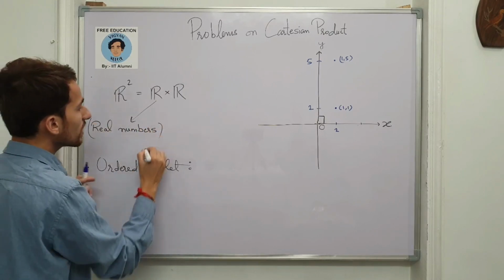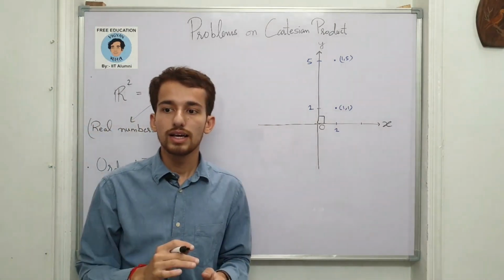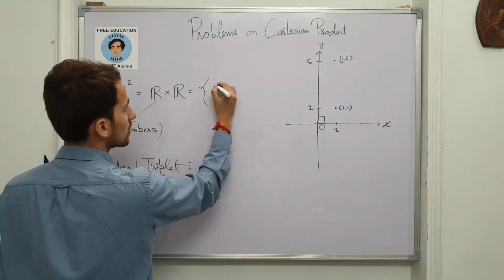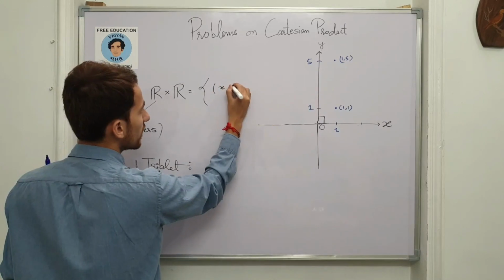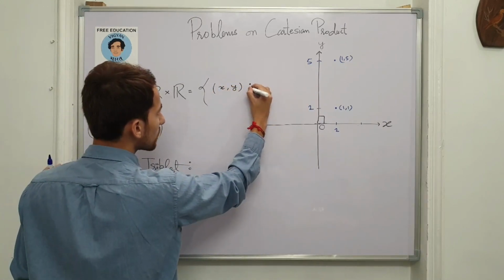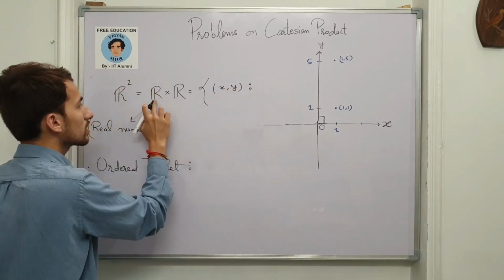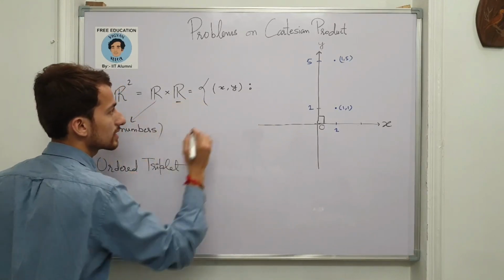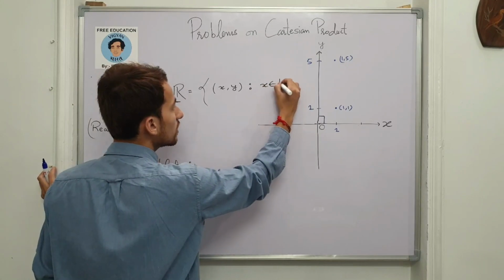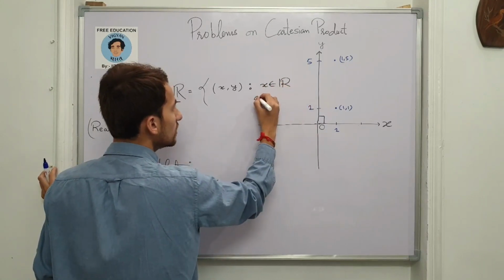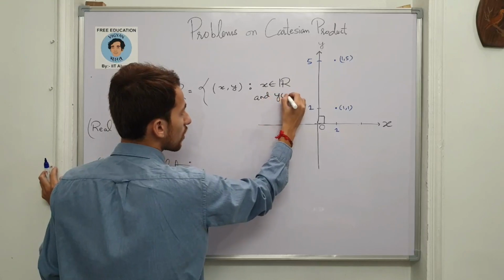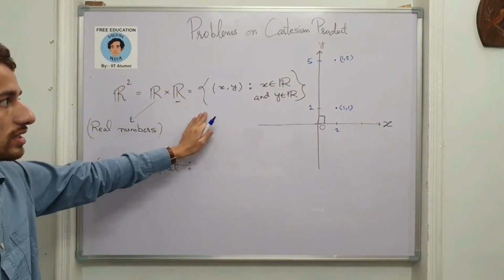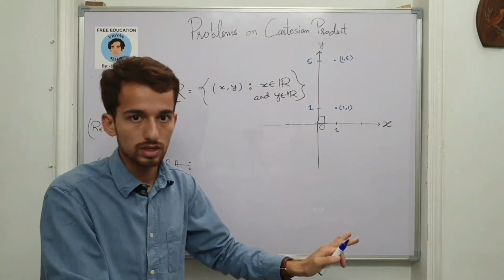So in the xy plane, the ordered pairs are nothing but elements of this form: in general x, y, such that x is an element from this particular set and y is an element from this second set. So x belongs to R, and y belongs to R. This is a set theoretic notation of our plane R2.